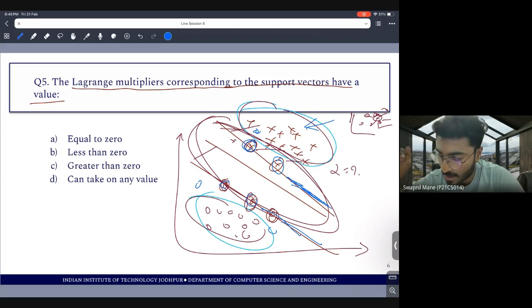So support vectors have Lagrange's multipliers that are never less than or equal to zero; it is always greater than zero.